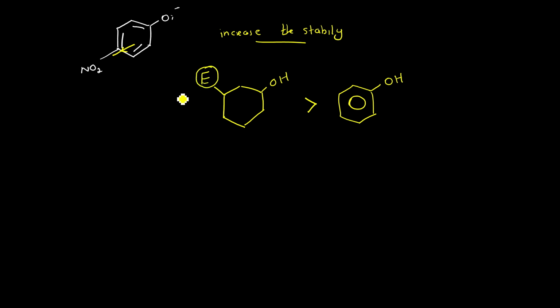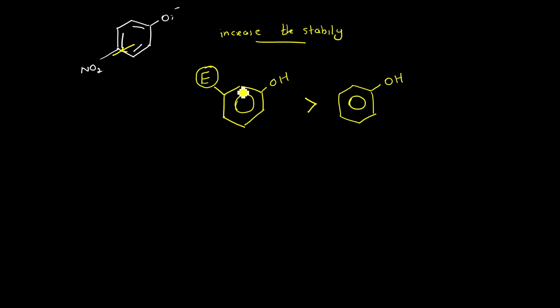If you add the electron withdrawing group either here, here, here, here, or here, you can achieve more acidity than the phenol, because you are pulling away the electron density, which means you are relatively stabilizing it compared to the phenoxide.